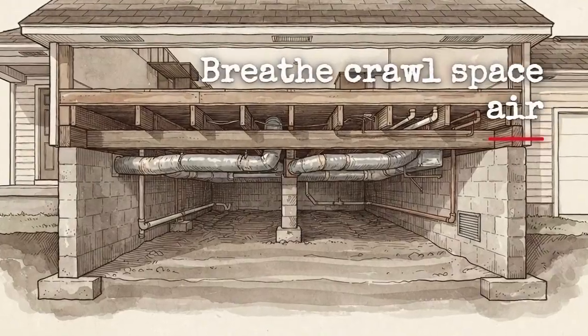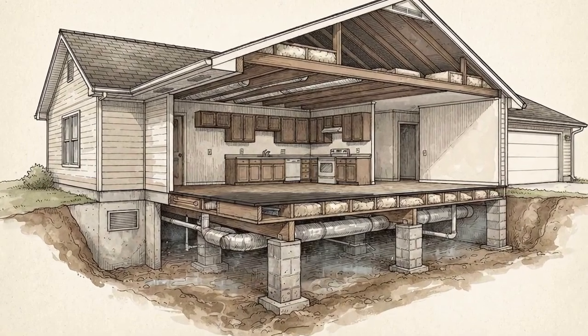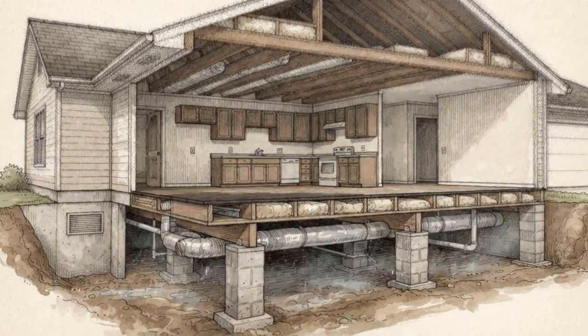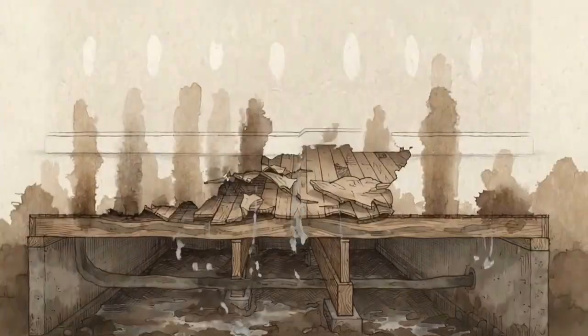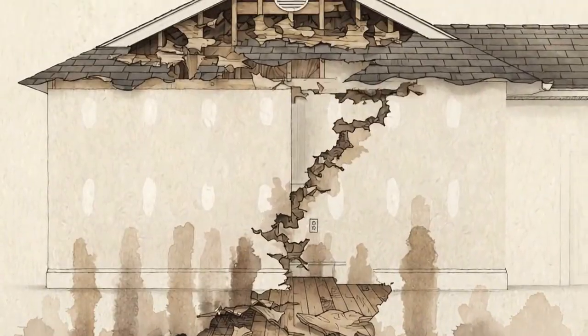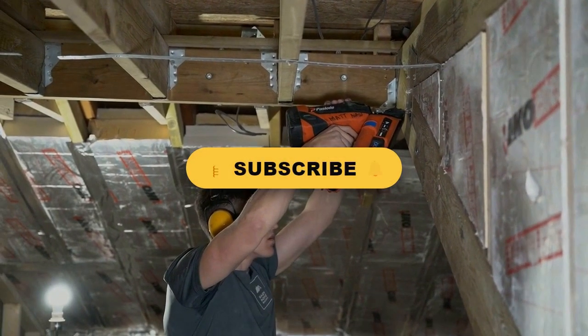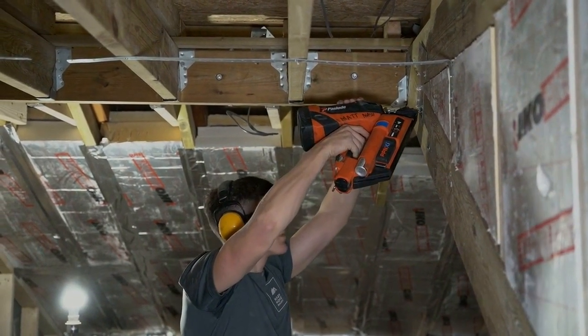You breathe crawl space air every day. In a wet summer crawl space that air carries mold spores, the volatile compounds mold produces, and the musty smell you eventually stop noticing because you live with it constantly. Mold on wood framing, degraded insulation, cold floors, reduced indoor air quality.